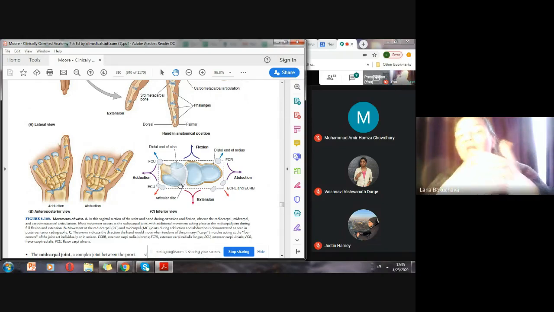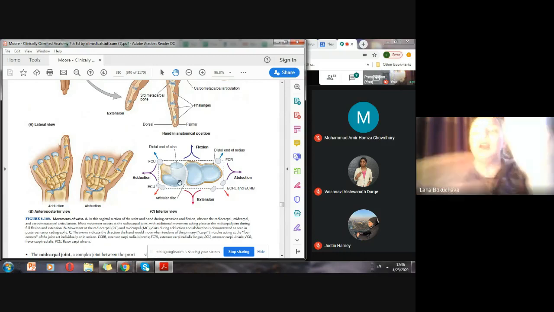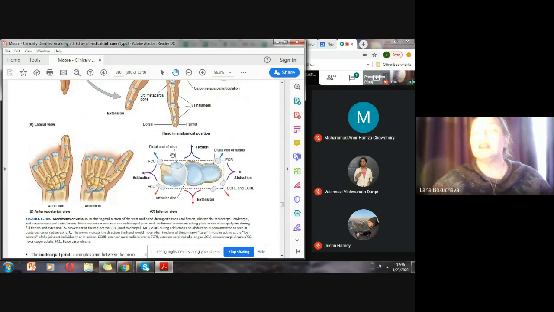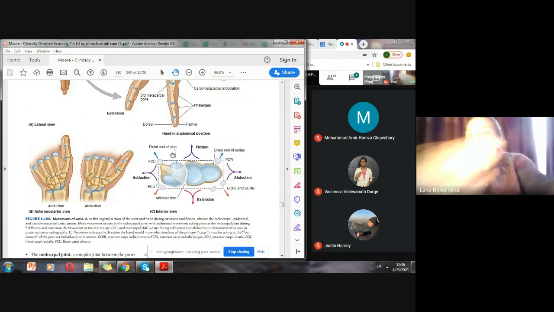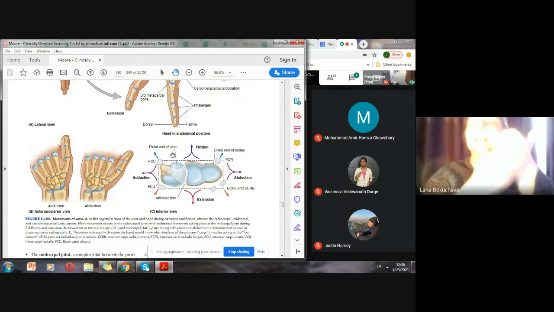So that's what you see. Here you have a part of the radius, and here you have a part of the ulna. This is the anterior view in anatomical position, and here is the posterior or dorsal region.